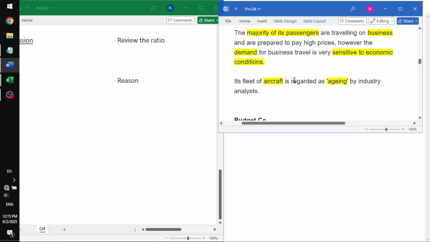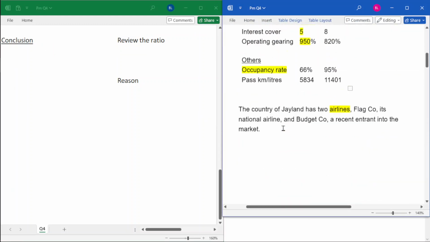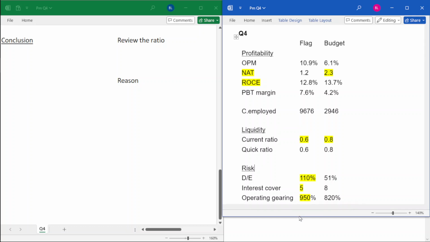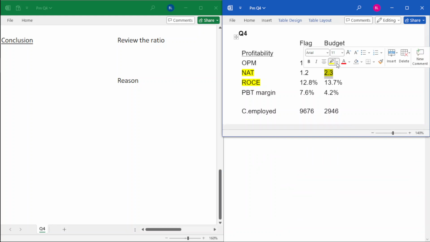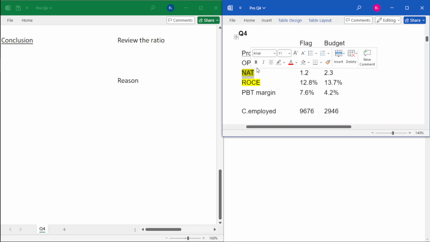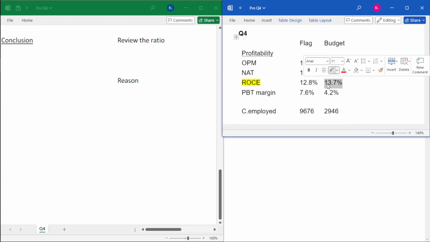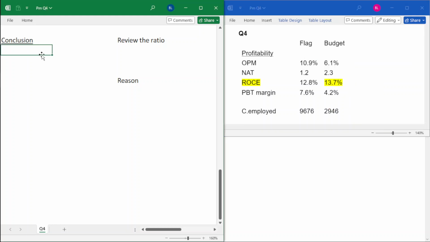Let's see profitability. We talk about ROCE because it combines OPM and NAT, so ROCE is the overall picture. Let's talk about the 13.7%. Budget ROCE is high.